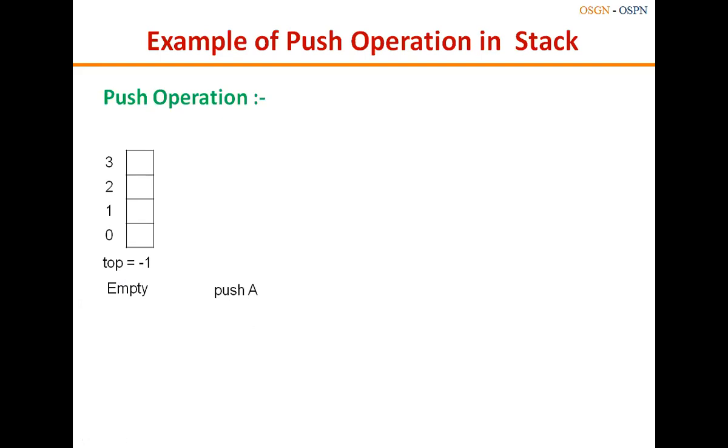First increment top, and then you can insert. So we want to push A, that means we have to increment the top value by 1. After incrementing, top is 0 now, and then you insert A. Top is 0, this is index 0, and top is pointing to this index 0.